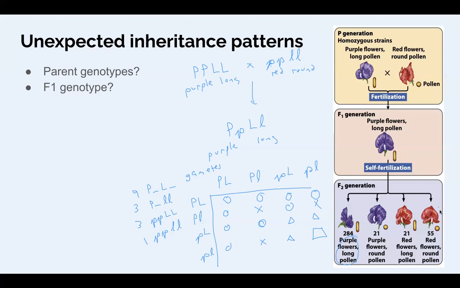Oh no! So this category, which is supposed to have only 1/16 of our outcome, is coming out bigger than this category or this category. And what's going on there is that to get this kind of gamete and this kind of gamete and this kind of gamete and this kind of gamete, all of those require some crossing over.